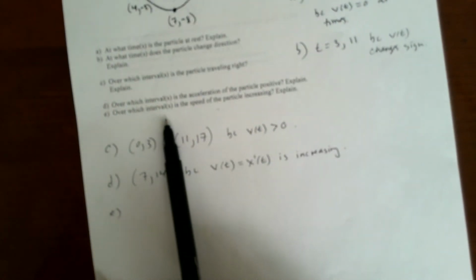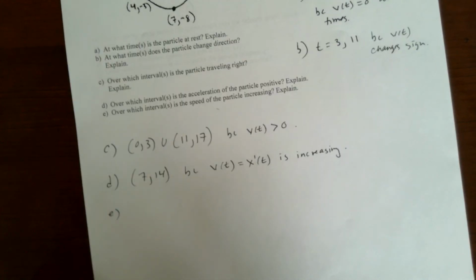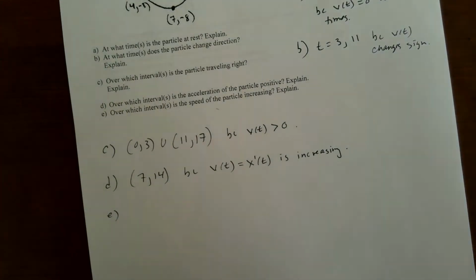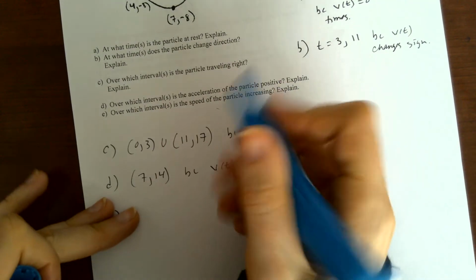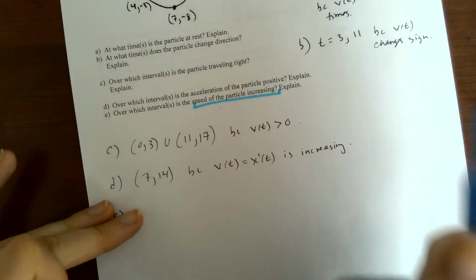All right, over which interval or intervals is the speed of the particle increasing? Speed of the particle increasing. I've never actually phrased a question to you guys like that yet.